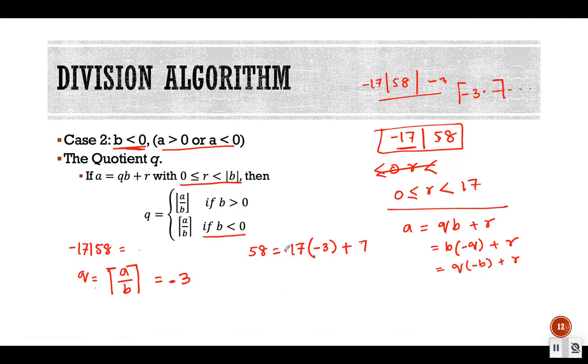Minus 17 times minus 3 gives us a positive value, 51, and the remainder will be 7. So here our quotient is minus 3 and r will be 7.